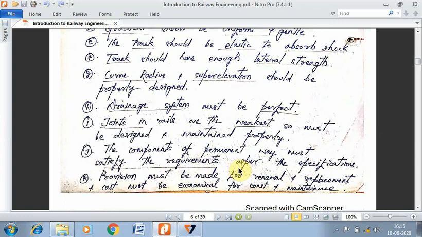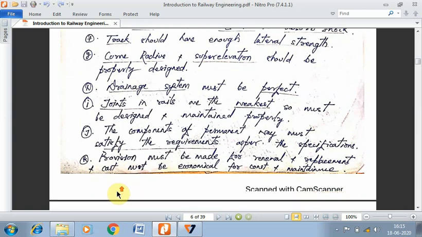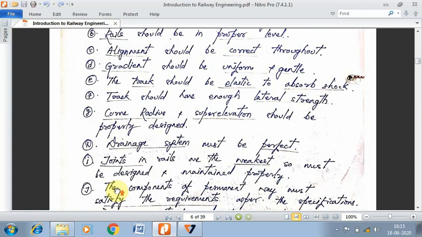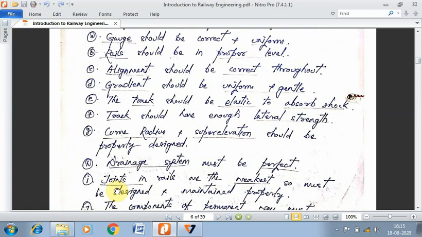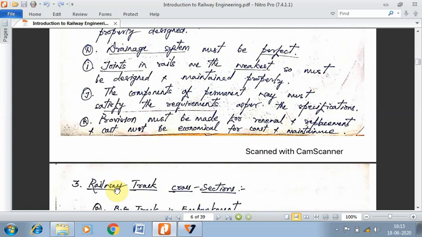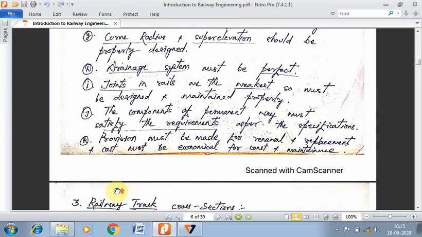And there must also be provisions made for renewal and replacement at an economical cost, which ensures the maintenance cost to be on the lower side. So these are some of the ideal requirements of a typical permanent way. You can have many other requirements as per your knowledge and by using your common sense.